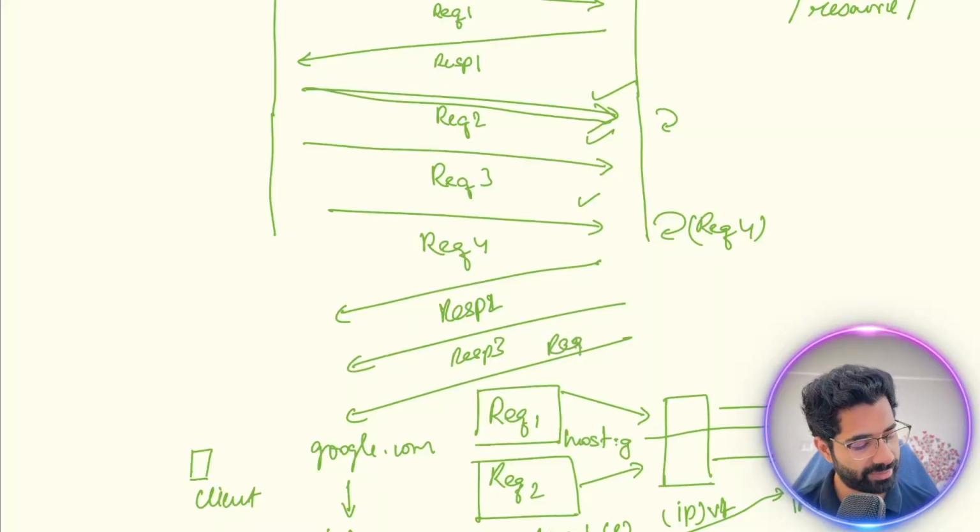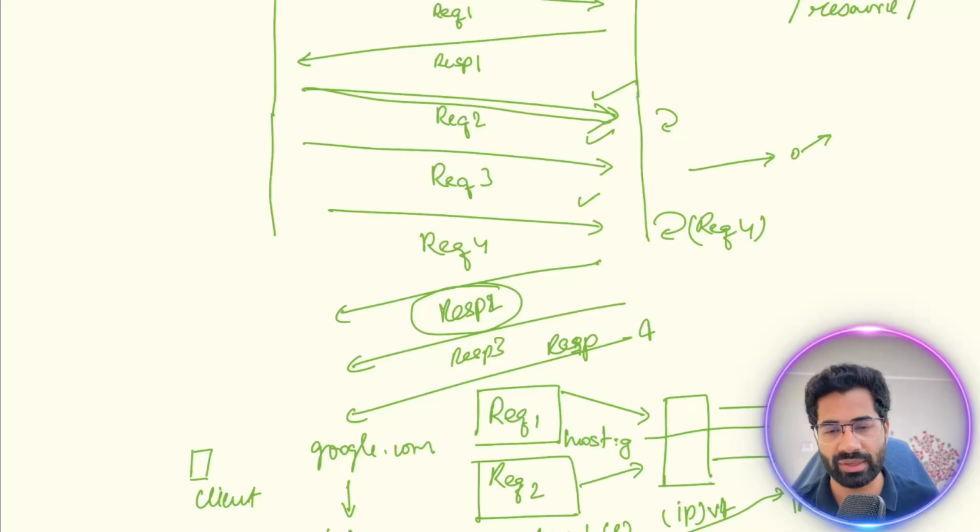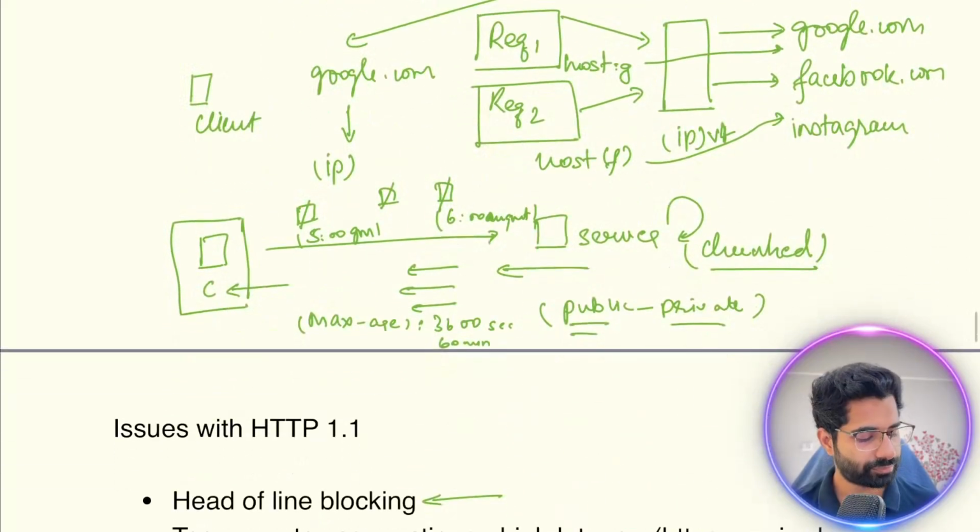Even if response 4 was generated first, it had to wait because response 2 has not yet been generated or given back. So it was like head of line blocking, because the request that came in first has not been replied to, so we will not reply to the requests that came in later, although I have the response already generated.